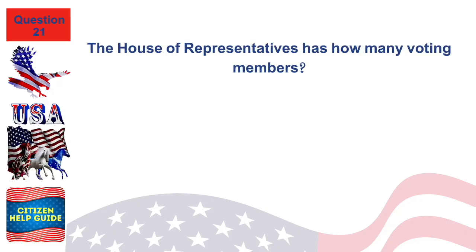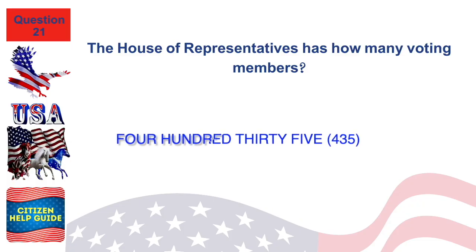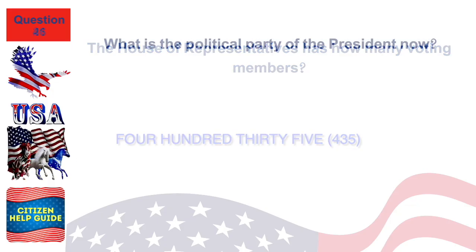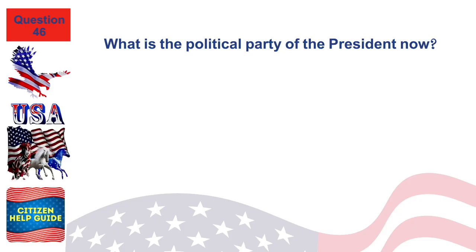The House of Representatives has how many voting members? 435. What is the political party of the president now? Republican.